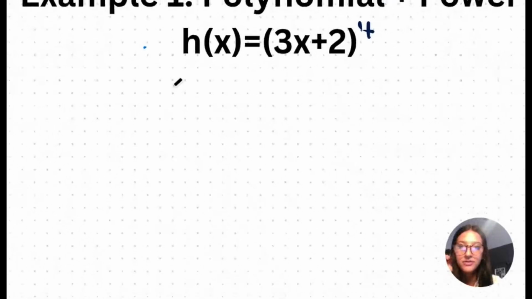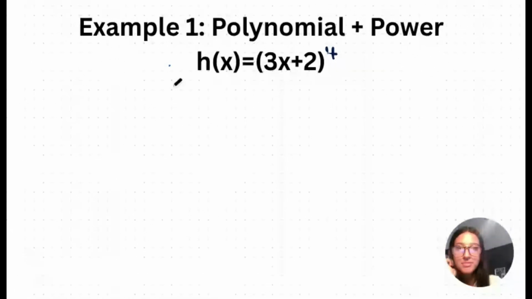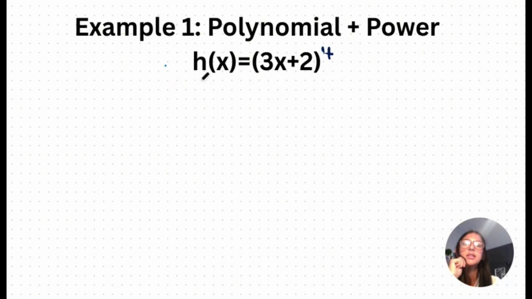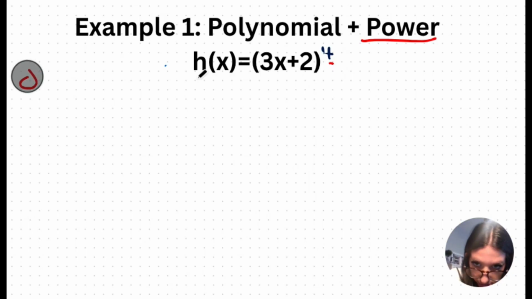Okay, so we have our first example here. It's going to be a polynomial and power rule, and is h of x equals 3x plus 2 to the power of 4. We first need to identify this as a composition. Well, there's a power, so we know there must be a composition. What is our outside function?